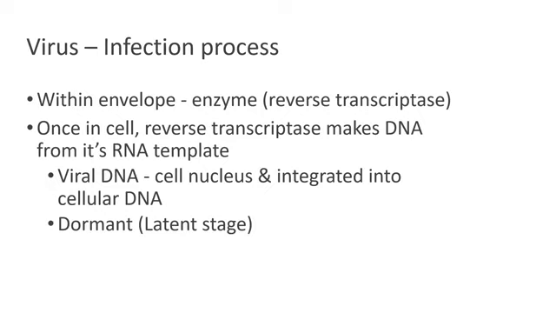Once the virus is in your cell, this reverse transcriptase makes DNA from its RNA template, building a DNA molecule in a certain arrangement as dictated by the RNA template.